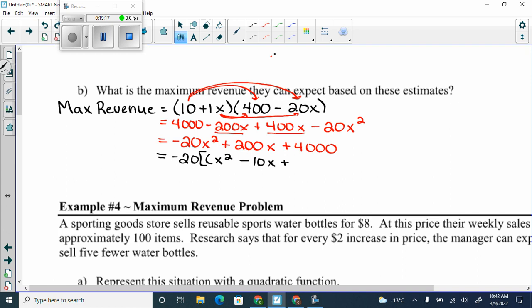How do I get that blank? I go B, the one always beside it. Negative 10, divide by 2, squared, which is negative 5 squared. I do not skip the step because I'm going to use that number, equals 25. So I'm going to add 25, round bracket, subtract 25, square bracket. And unlike the farmer question, I actually do have a number at the back, so I'm going to add 4,000.